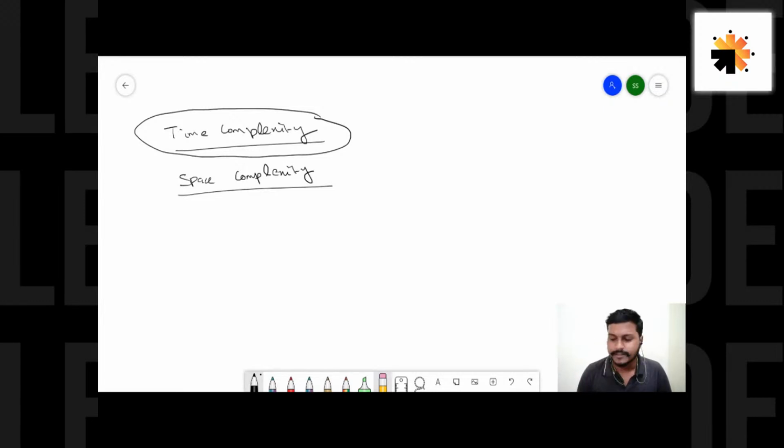As I said, what is time complexity? It would basically give you an idea of the order of time that would be taken by the algorithm to complete the task. So what happens as your input increases? Let's say n is the number of inputs, or sometimes you can say the value, the quantity of that input.